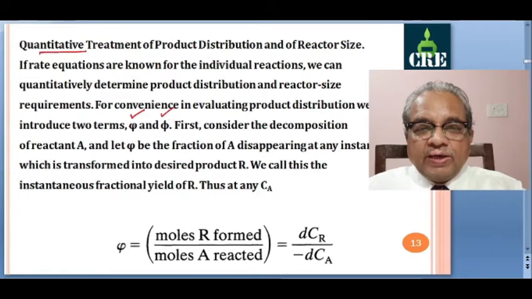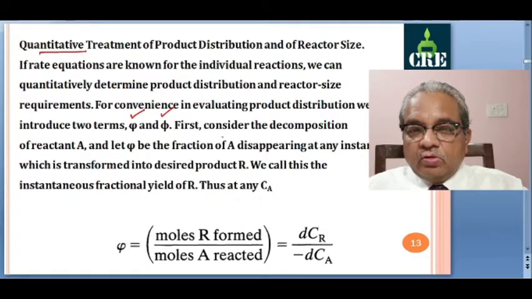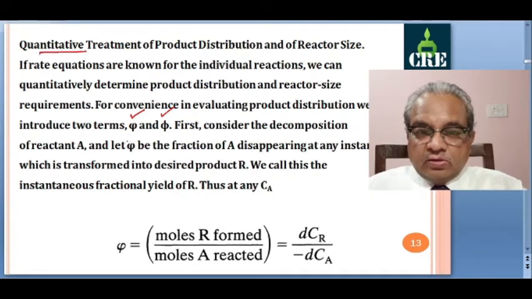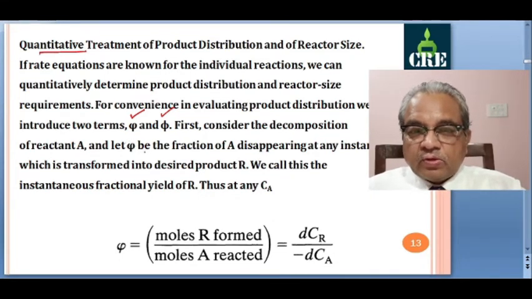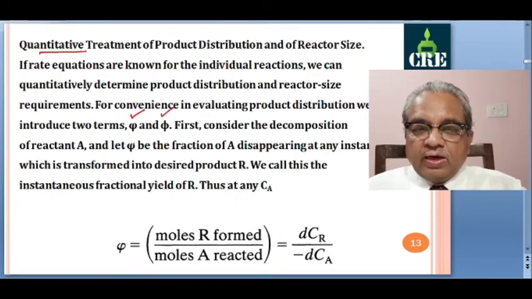For convenience, for evaluating the product distribution, we introduce these two terms. This is small phi and this is capital Phi, Greek letters. First consider decomposition of A. From now onwards, when I say phi, it is small phi, and whenever we come across the capital Phi, I will mention that it is capital Phi.